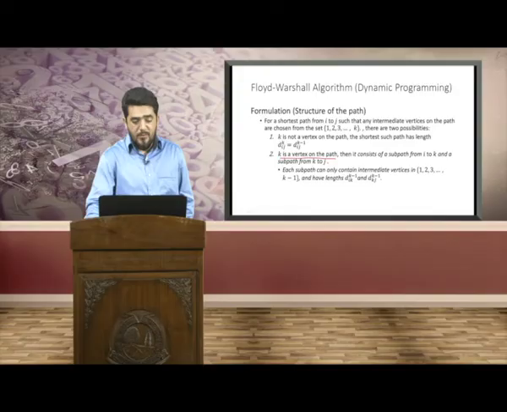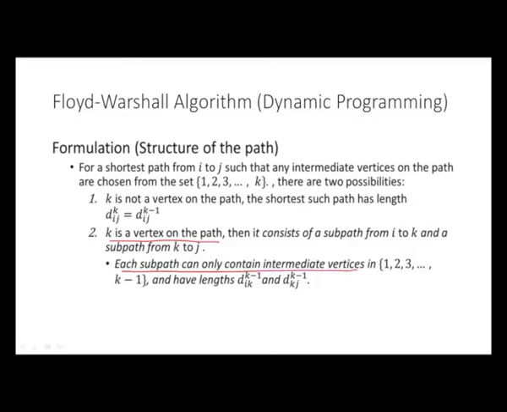Each subpath here can only contain intermediate vertices 1 up to k minus 1, because k is being considered as one of the ending nodes of the subpaths, either the source or the destination.